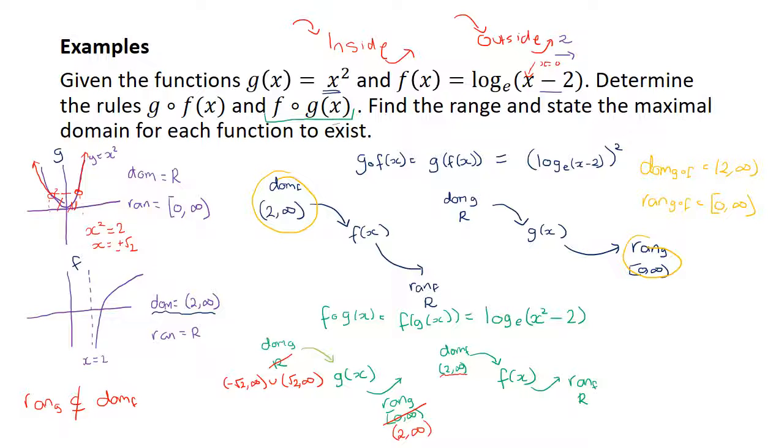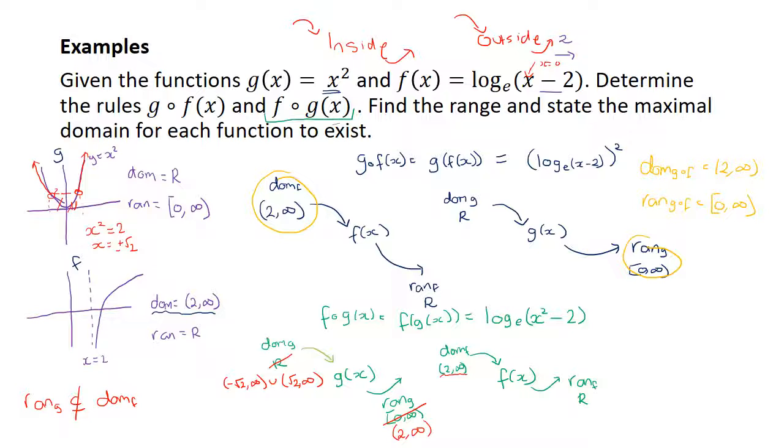Because we changed, so going back again, we needed these two inside values, subsets, to be the same. Because we changed the range of g, we had to change the domain of g, which means that we've got a new maximal domain for this function to exist. Because I did not change the domain of f, it has not changed the range of f, so the reals is still the range of this composite function.